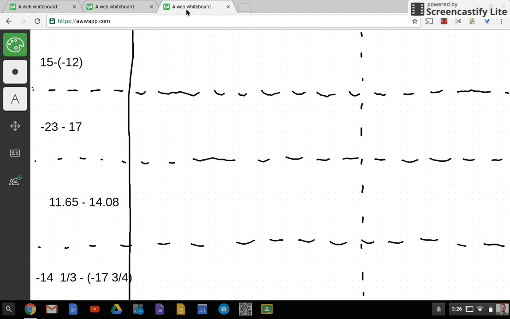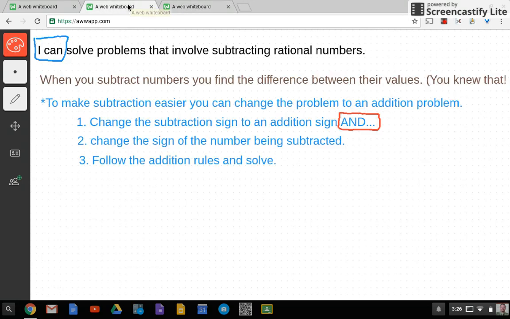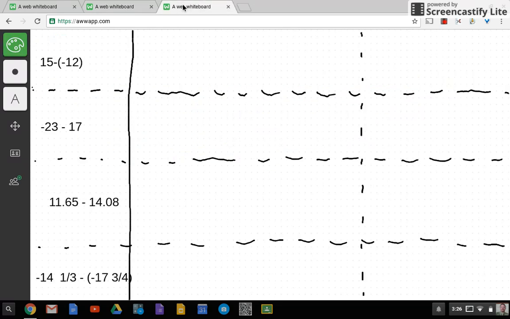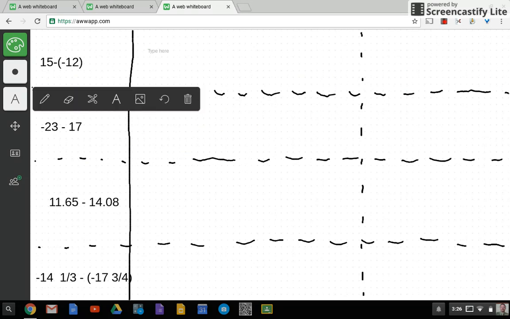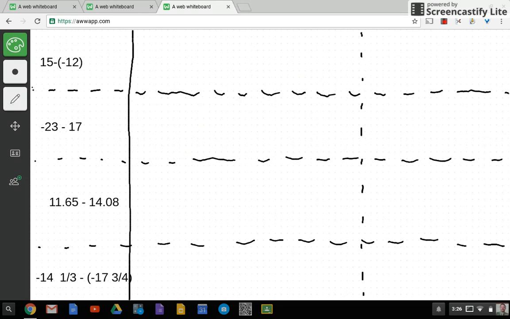First one that we are solving is 15 minus a negative 12. Okay, well, let's look back at our notes. Let's see what it says to do. It says change the subtraction sign to an addition sign and change the sign of the number being subtracted. So I'm going to keep the 15.